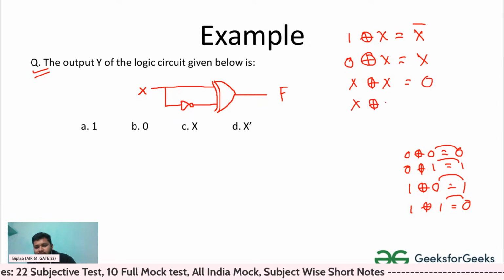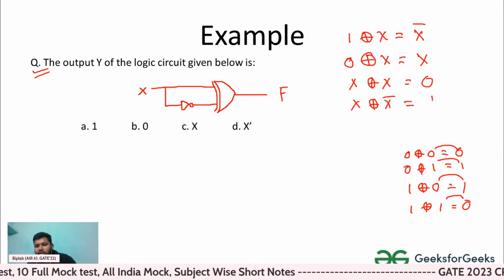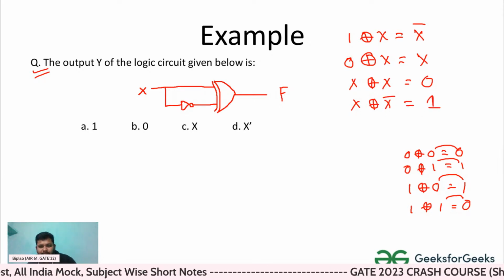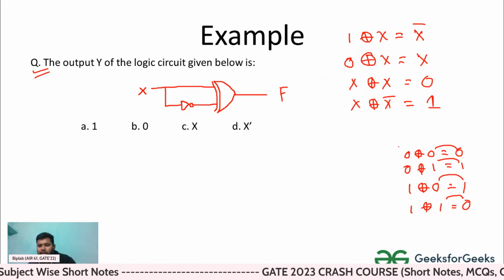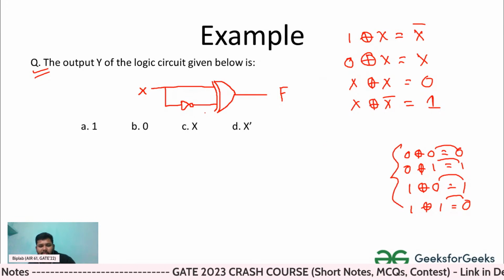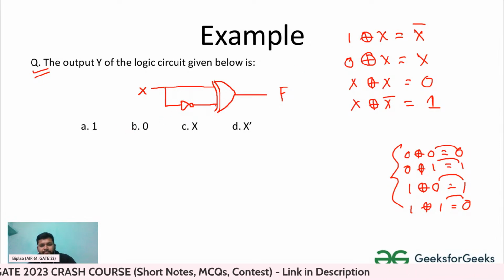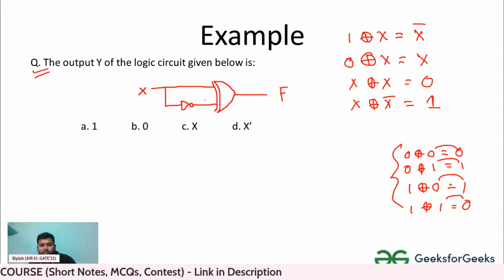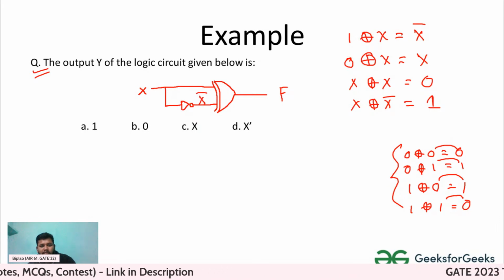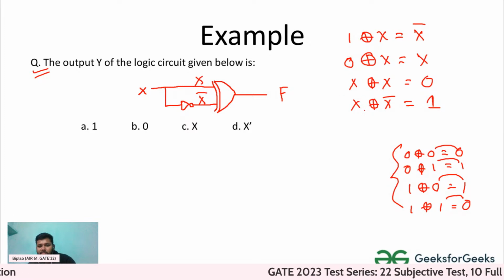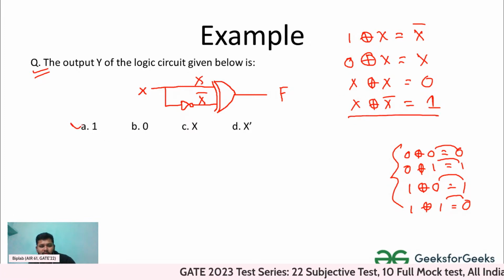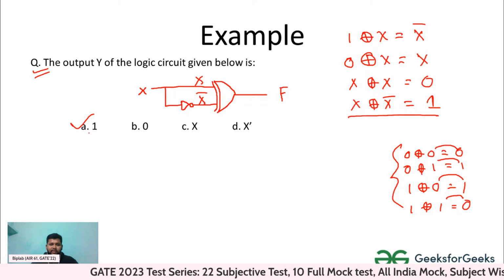If both are different, that is complemented, your result is 1. You can memorize it or find it using some examples. I would recommend you to memorize all this. So if you have a NOT gate here, you have X bar, X and X bar, so your output is 1.